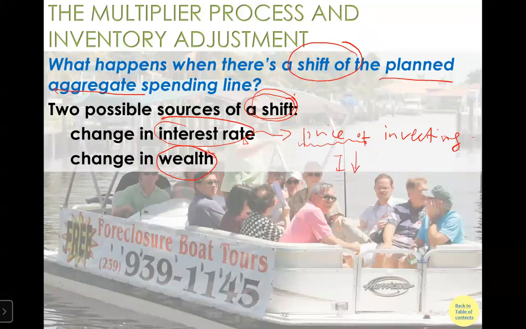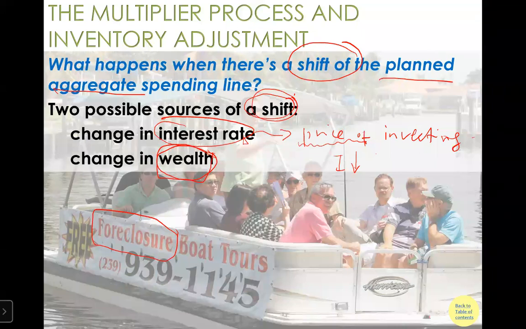And wealth. Just imagine a housing market bust, like in this background picture, a foreclosure boat tour. It's because of the housing market bust, and some people are looking for bargains in the collapsed housing market.